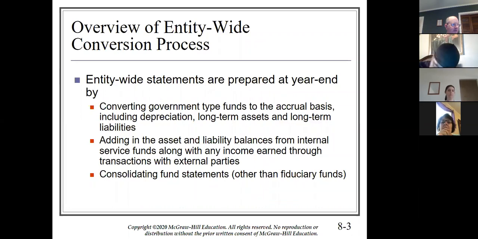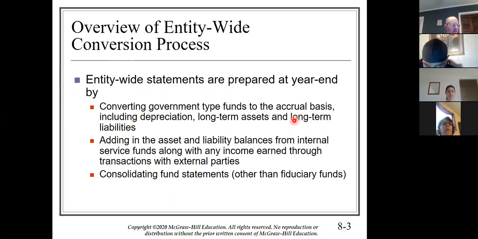Entity-wide statements are prepared at year end, and by entity-wide, they mean a statement that covers everything within that entity. So all the different funds put together. Government type funds are converted from modified accrual to accrual basis. They add in the long-term assets, which are depreciated.